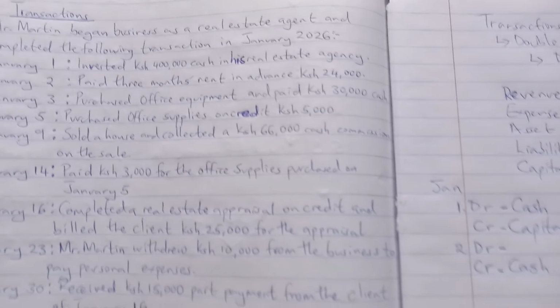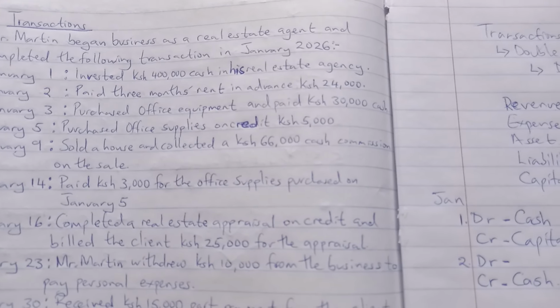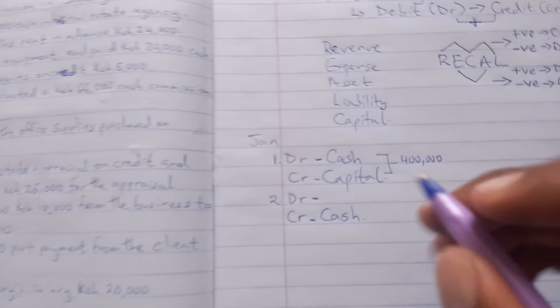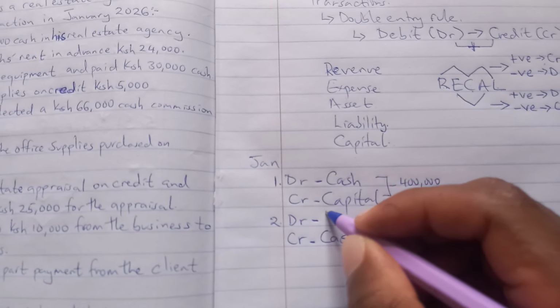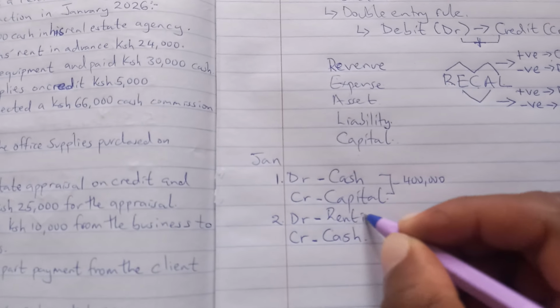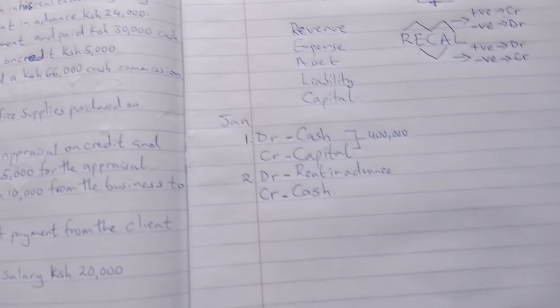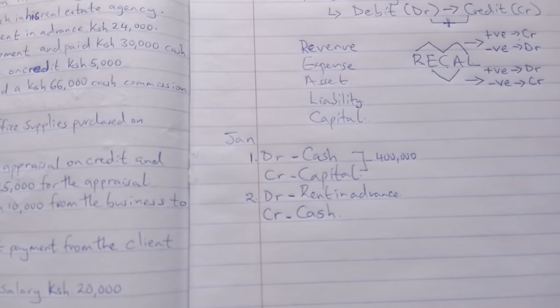Now in this transaction, that money was being used to pay 3 months rent in advance. So the account which we will create is rent in advance. Someone might ask, why am I writing rent in advance on debit?